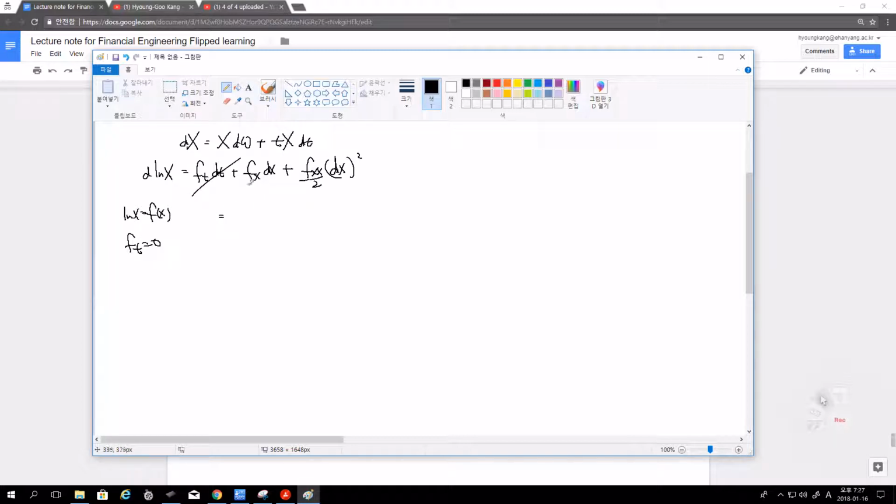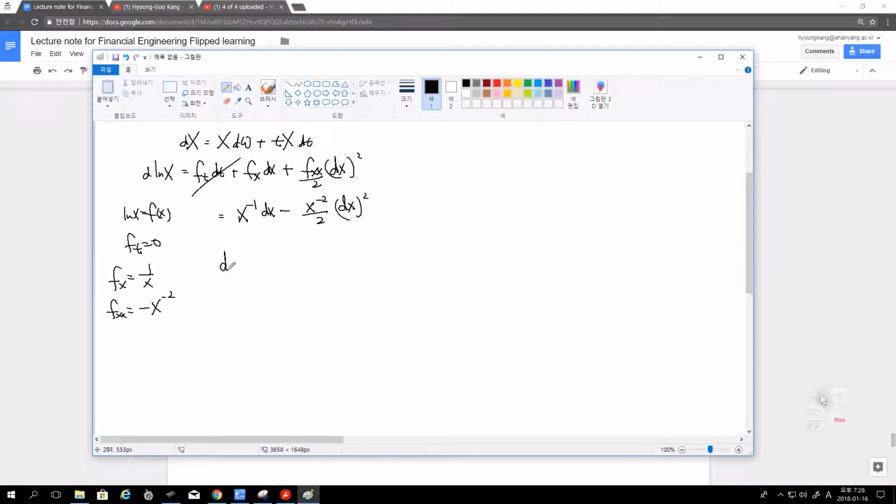f_x is 1 over x because of log x, and f_xx is minus x to the minus 2. So let's plug this in: x^-1 dx minus x^-2 over 2 dx squared.